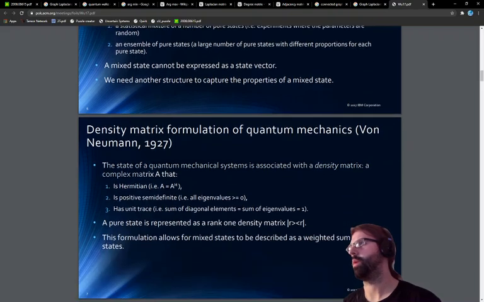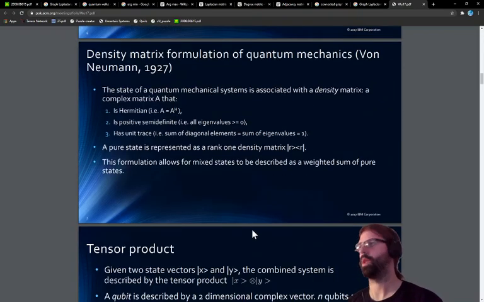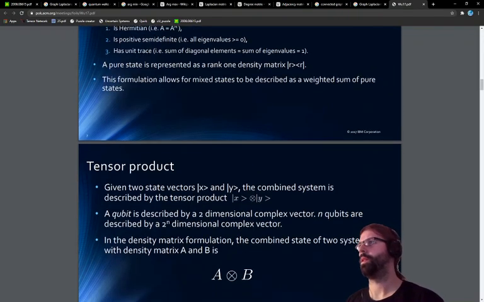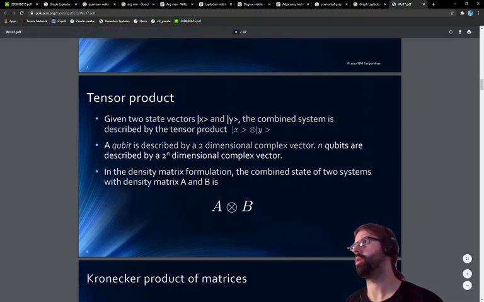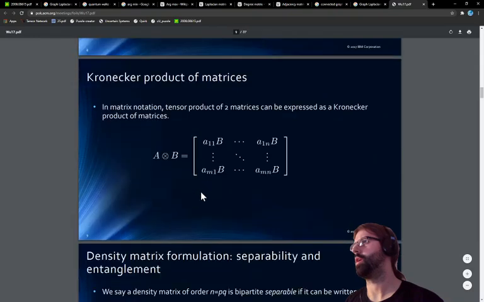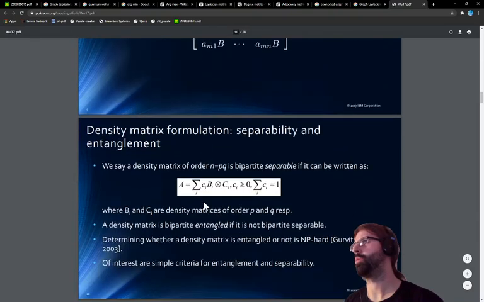The state of a quantum mechanical system is associated with a density matrix, a complex matrix that is Hermitian, positive, with trace 1. This formulation allows mixed states to be described as a weighted sum of pure states. Tensor product: state vectors of a composite system are described by a tensor product. A qubit is described as a two-dimensional complex vector. Kronecker product, density matrix formulation, separability and entanglement.